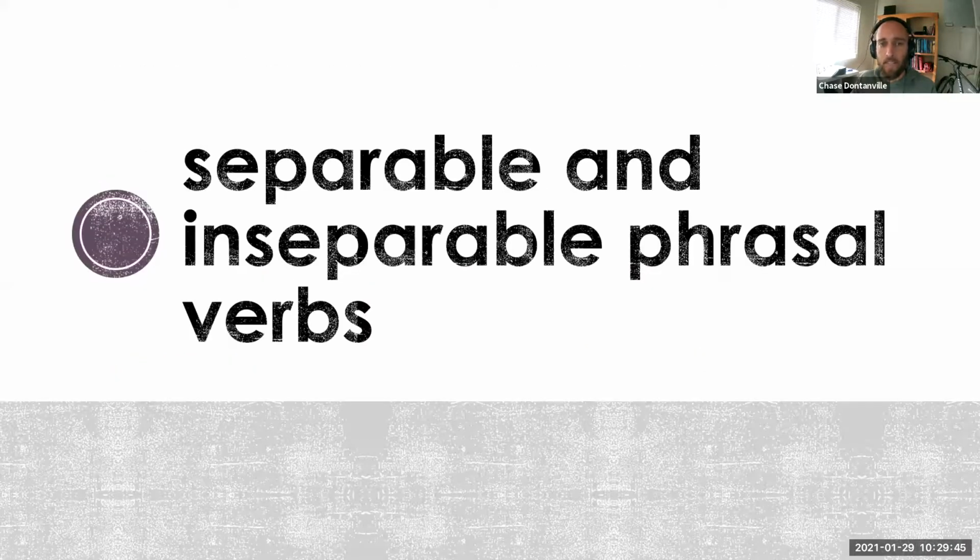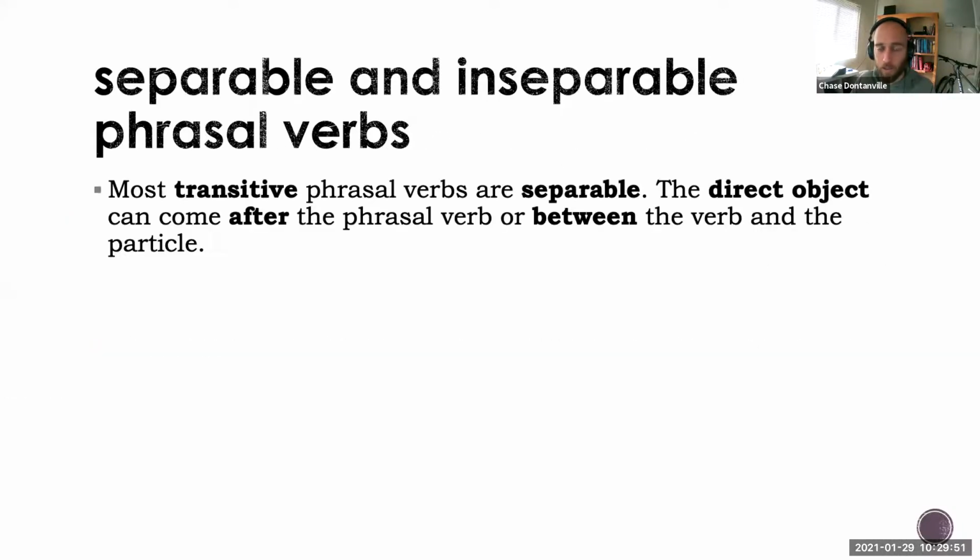Okay, now let's look at separable versus inseparable phrasal verbs. Most transitive phrasal verbs are separable. What does that mean? Separable, separate. So meaning you can separate them. The direct object can come after the phrasal verb or in between the verb and the particle. For example, I turned off the light.